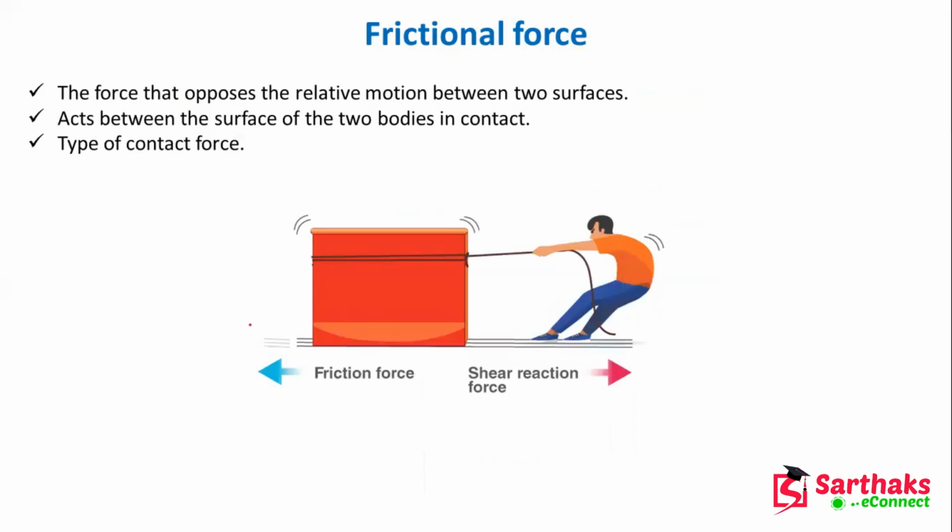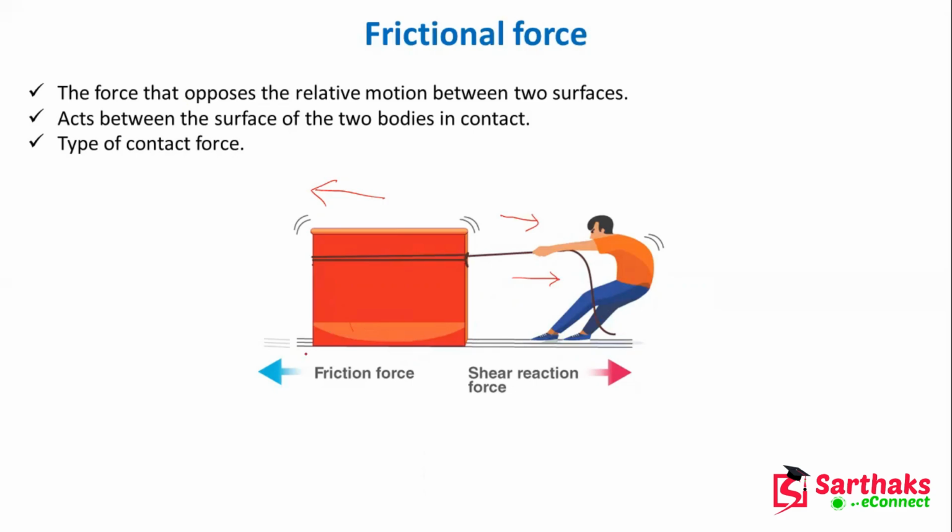Now the frictional force, as I have told you, whenever you are applying the force in this direction, at that time frictional force will be in the opposite direction. Here this person is trying to drag this heavy object towards himself, right? And here you can see that he is sliding it up one track, right?